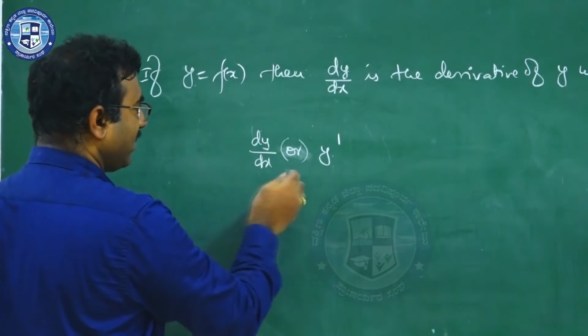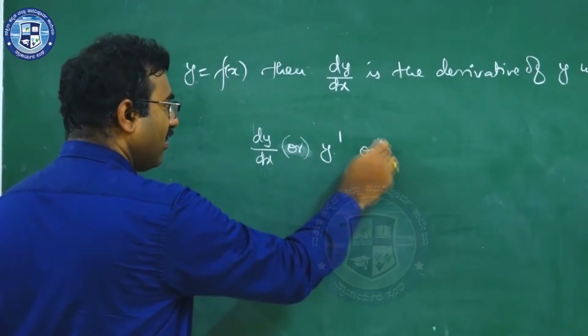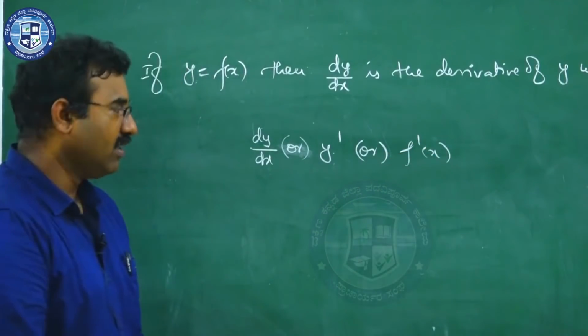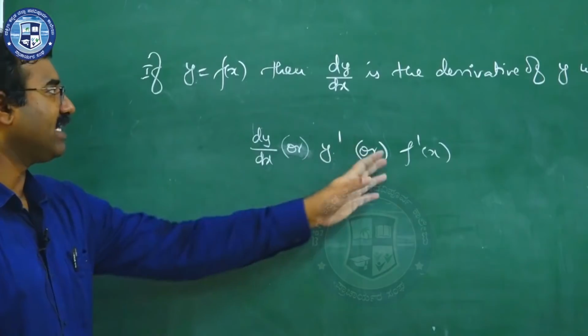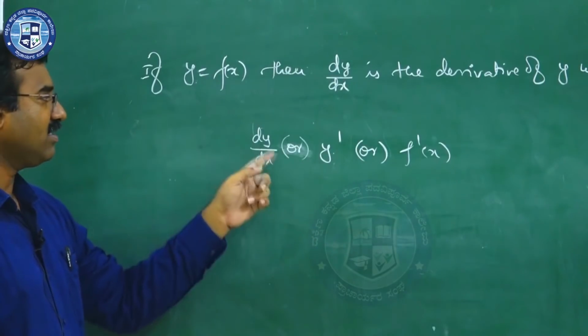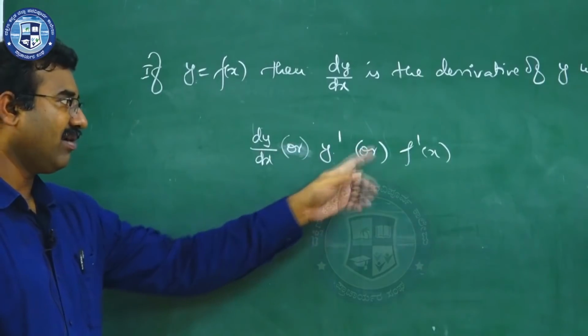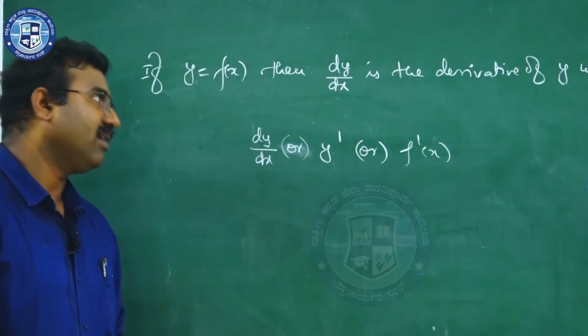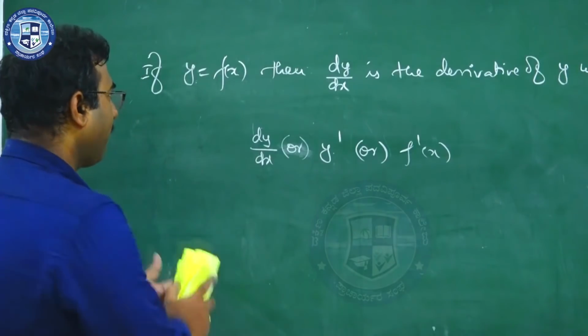If y is equal to f(x), then we can also write f dash of x. Okay. So, in three different ways you can denote the derivative of y: dy by dx, or y dash, or f dash of x, we can write in three different forms. Okay.